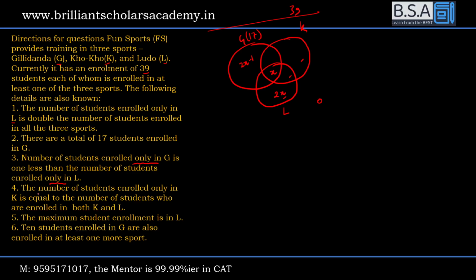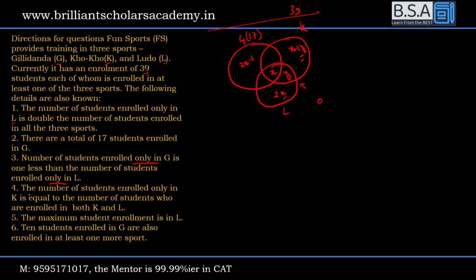The number of students enrolled only in K is equal to the number of students enrolled in both K and L. When you say K and L, you mean the central value and this value. If this is y, this must be x plus y.